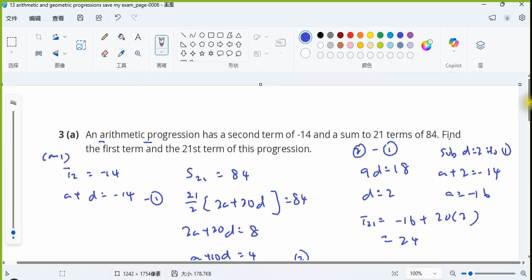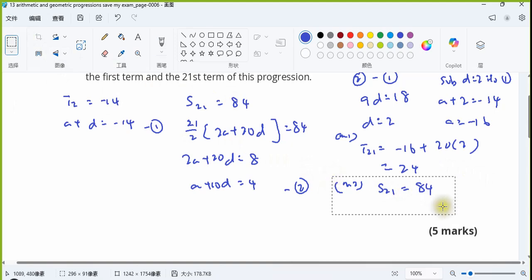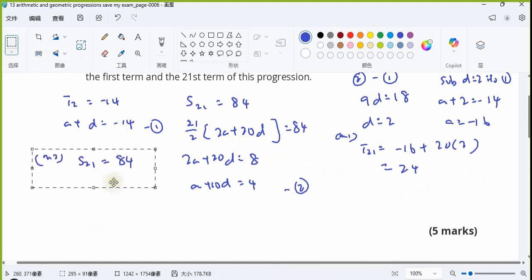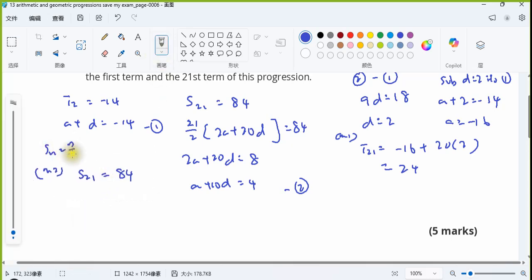Actually, for this question, we have another way to solve it. Yes, the first method is this. Then the second method is we have S21 is 84. Okay. So we have Sn is actually n over 2 times (a plus l).